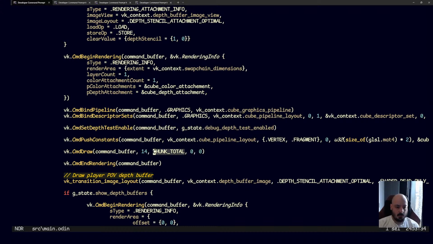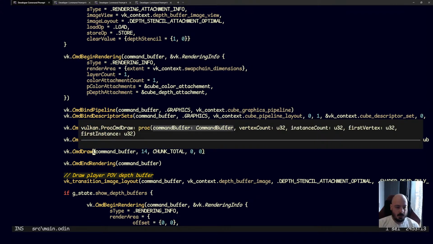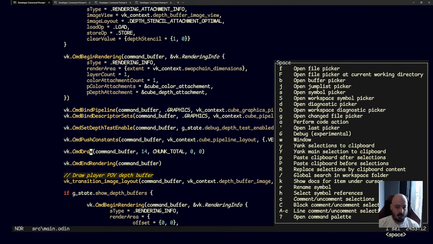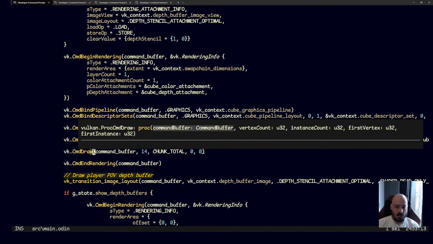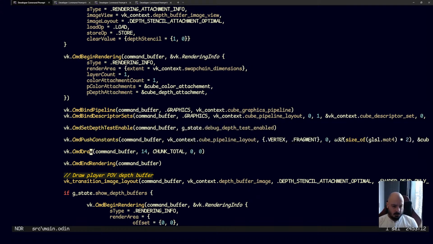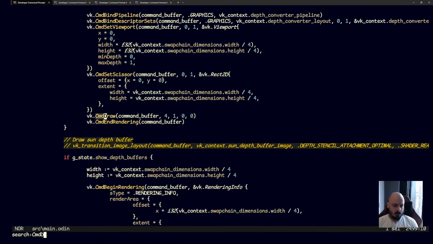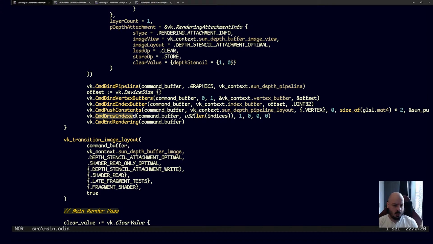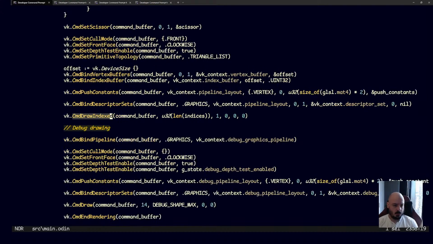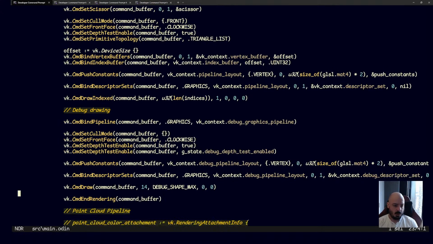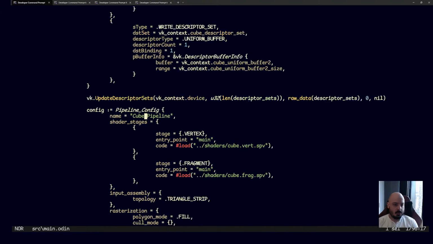So we're sending in, did I say, I did index, didn't I? Yeah, instance count, vertex count, instance count. Yeah, we're not using indexed drawing. Did we need to? I don't think so. That was just for the model. So for debug drawing here, yeah. Just drawing the max shapes and yeah, okay.